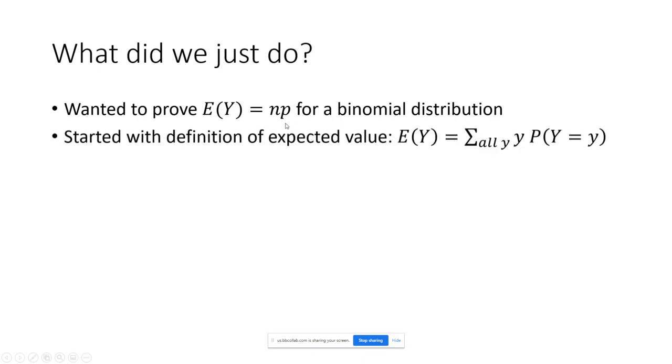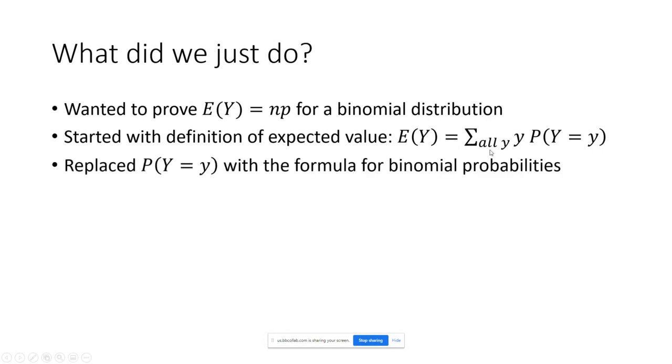The way we started with that was with the definition of expected value that says the expected value of y equals the sum of y times the probability of y over all the values of y for that random variable. We made that specific to a binomial distribution by replacing p with the formula for binomial probabilities.